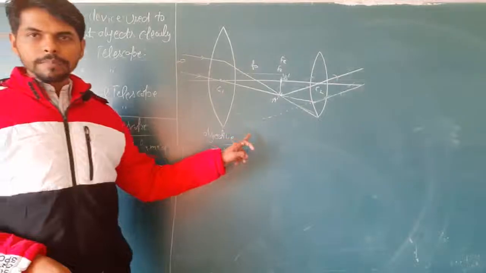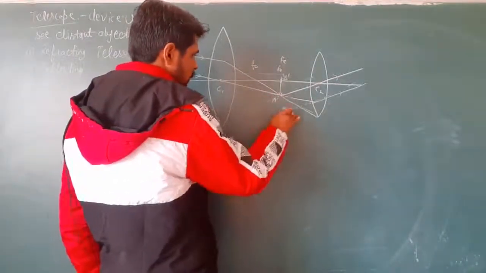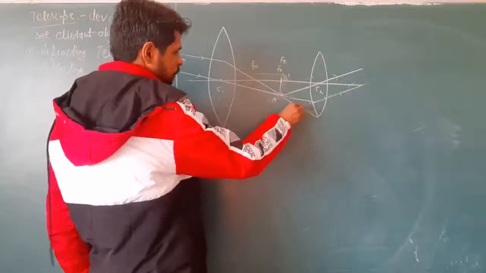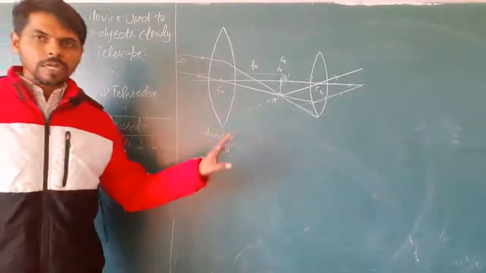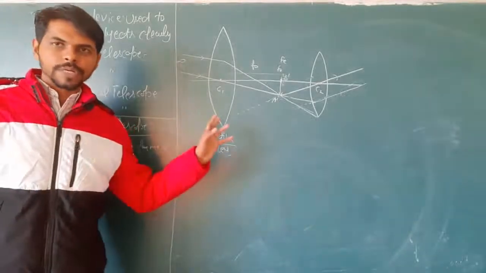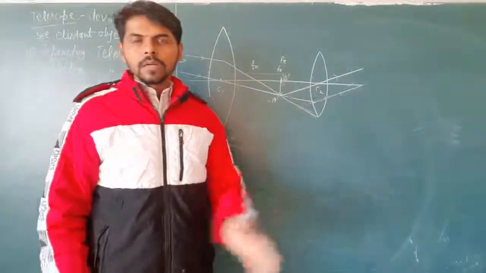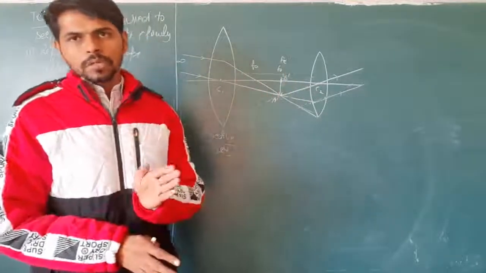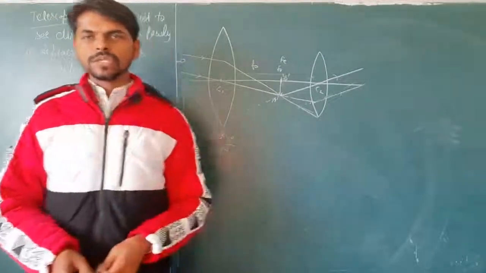So if the rays are parallel to each other, it means image is formed at infinity. So final image will be formed by the eye lens and image is formed at infinity, because for the eye lens object is at focus. So here is a point where the focus of both the lenses, objective as well as eyepiece, coinciding with each other.